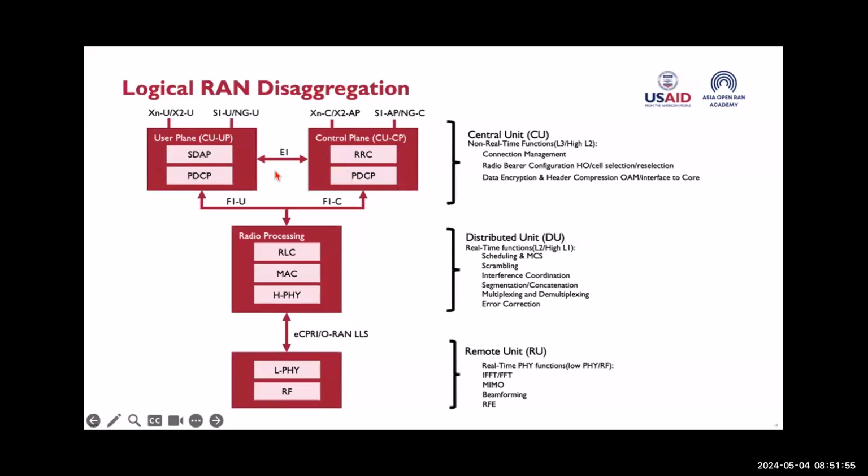The centralized unit is connected to a distributed unit. The distributed unit has two connections as well, one going to the user plane and one going to the control plane, and going down to the remote radio unit. This is what is happening inside each component.